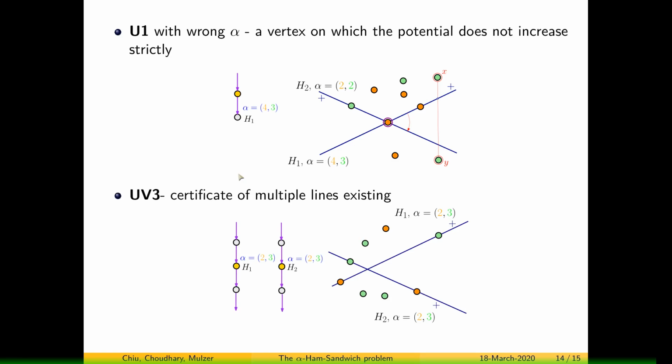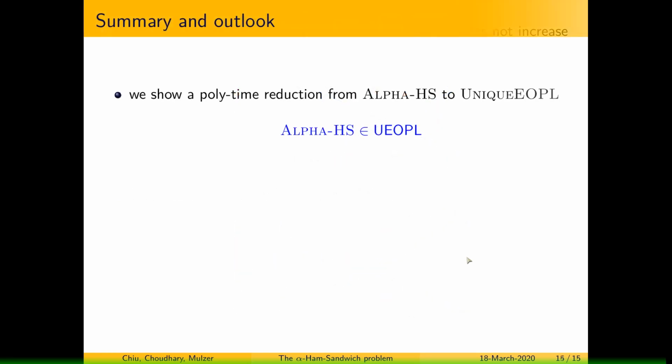There's another example where you have two hyperplanes that have the same alpha vector and they represent two distinct lines in the graph. Our main technical contribution is to show a polynomial time reduction from alpha ham sandwich to unique EOPL. This also shows that this problem is weaker than the ham sandwich problem, which was not known before.